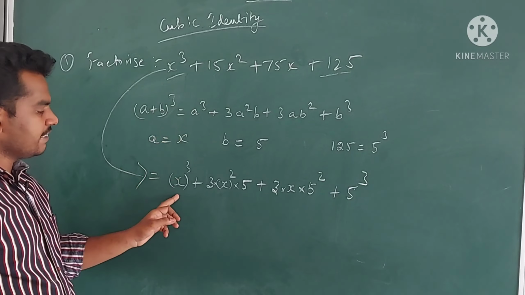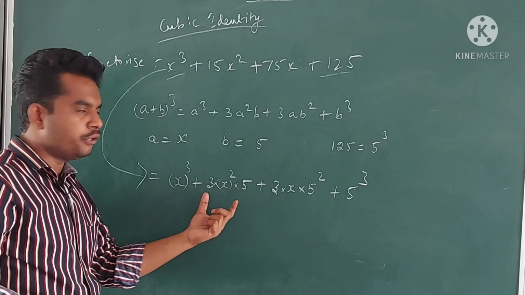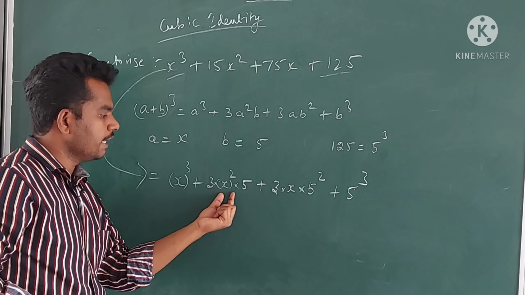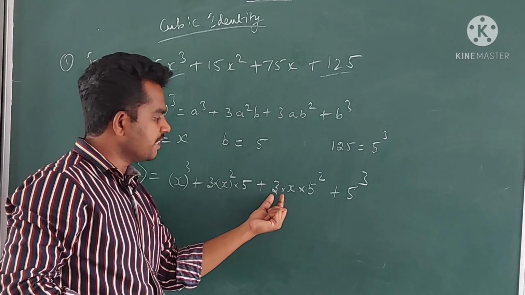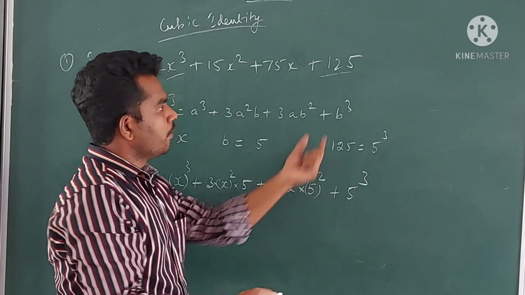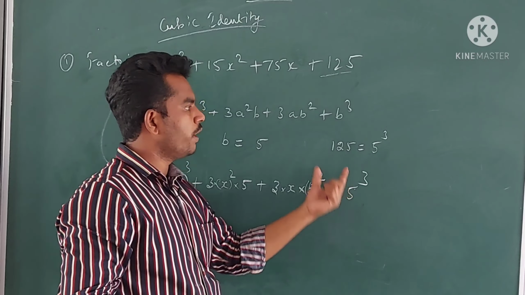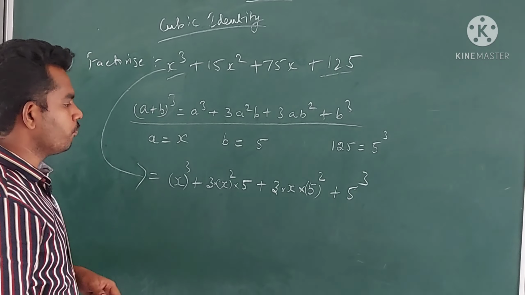It can be written as x cube plus 15x square, split into this type of 3a square b, next 3ab square written as 3x into 5 square, and 125 written as 5 cube, in the a plus b the whole cube formula.